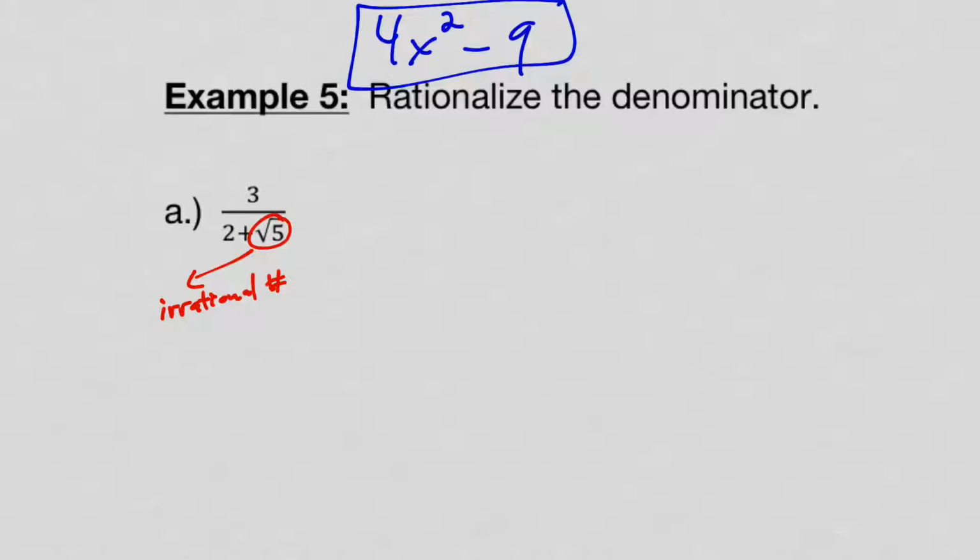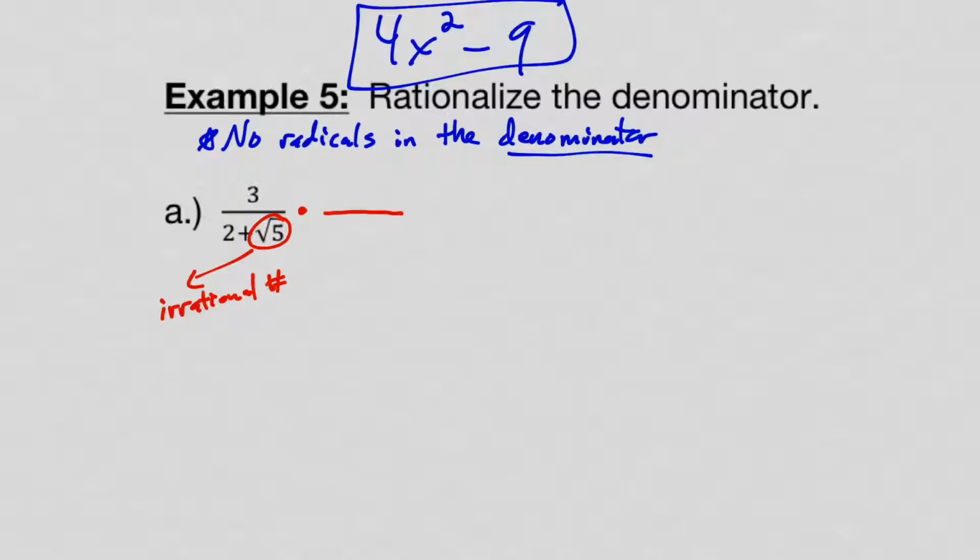So, no radicals in the denominator as we have seen before. Okay. So we got to get this radical 5 out of here. And we're going to do that by multiplying by 1 in the form of conjugates.